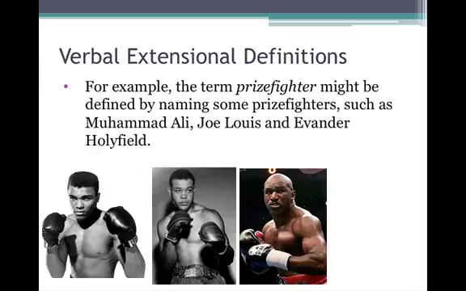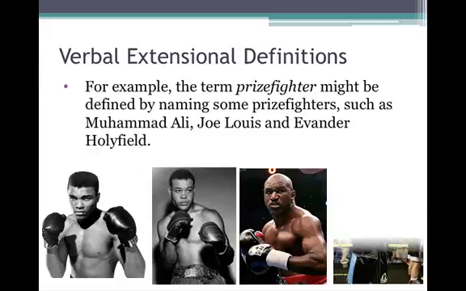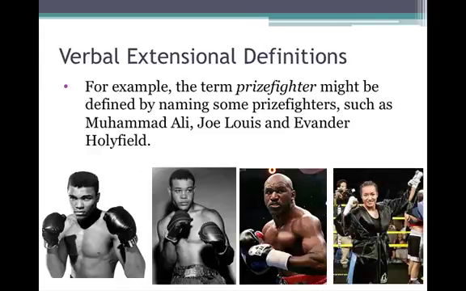In this case, we've picked out all men, so if someone really didn't know what the term prize fighter meant and they were trying to figure it out based on the individuals we selected, they might think that only guys can be prize fighters. You could solve this problem by naming a woman, like Rhonda Luna. But of course, the trick will be finding enough objects to pick out such that the definition is appropriately conveyed. And this will be trickier for some words than others.